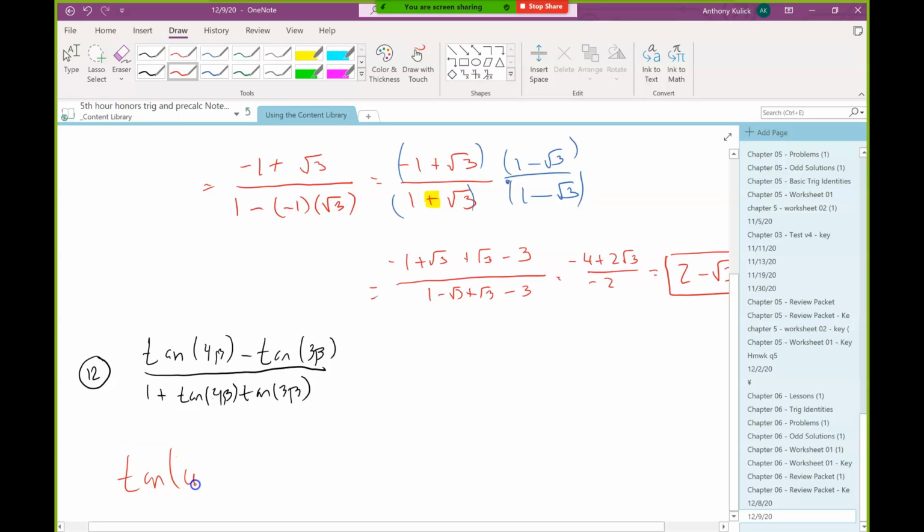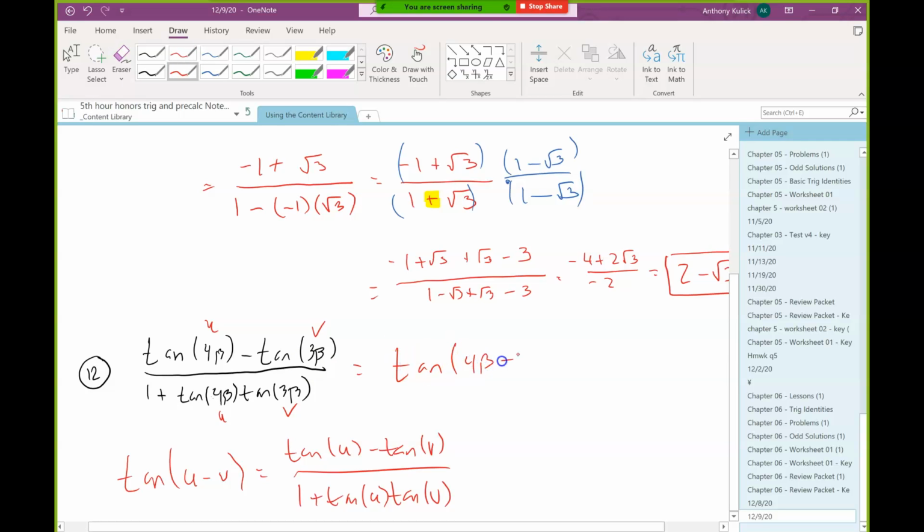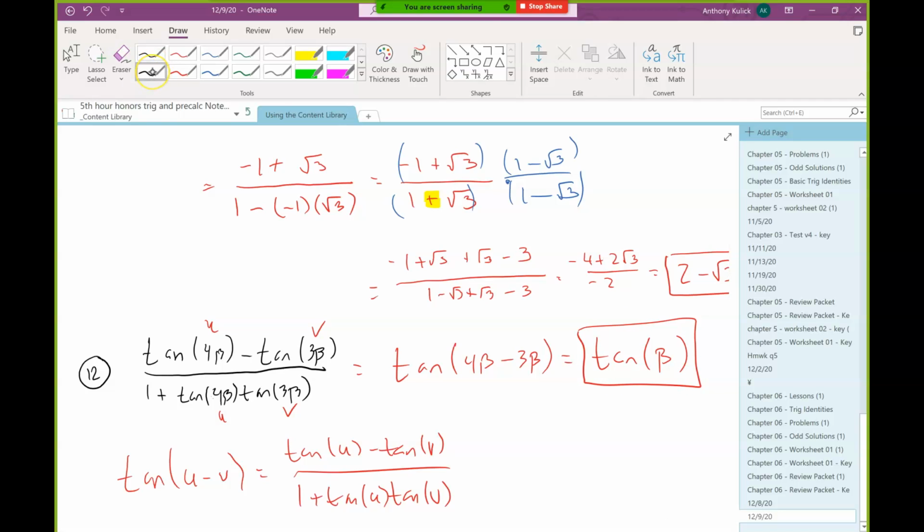And if I look, this is the one that I'd want, the difference of two angles for tangent. So my u is like 4b, and my v is like 3b. So the answer then is tangent of 4b minus 3b, or just tangent of b.